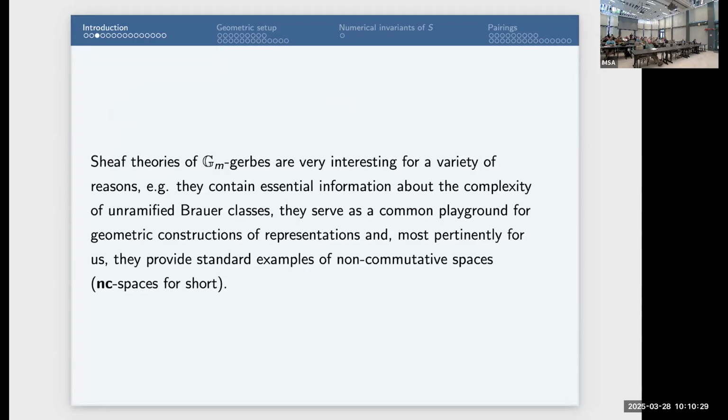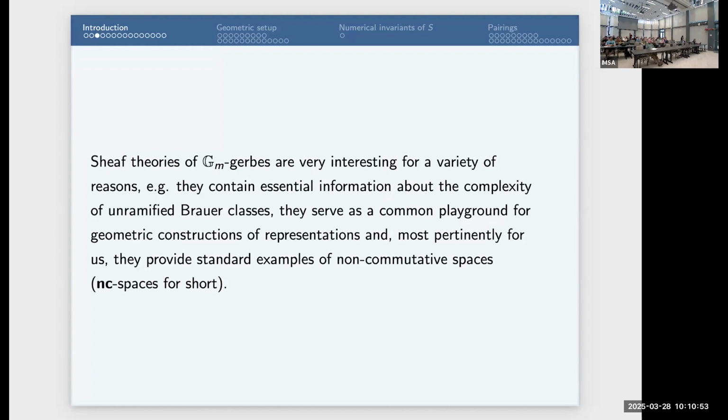So here are some general comments. First, what are gerbes, which I'll describe in a minute? They are very interesting for a variety of reasons. For example, they contain essential information about the Brauer classes, and they're a sort of common playground for geometric constructions and representations.